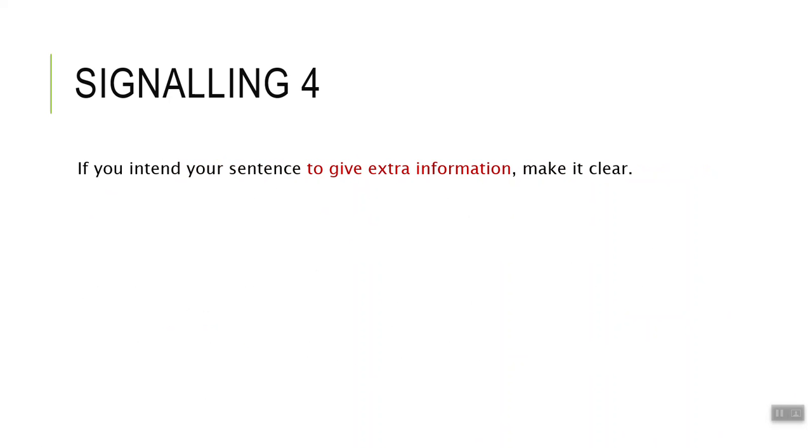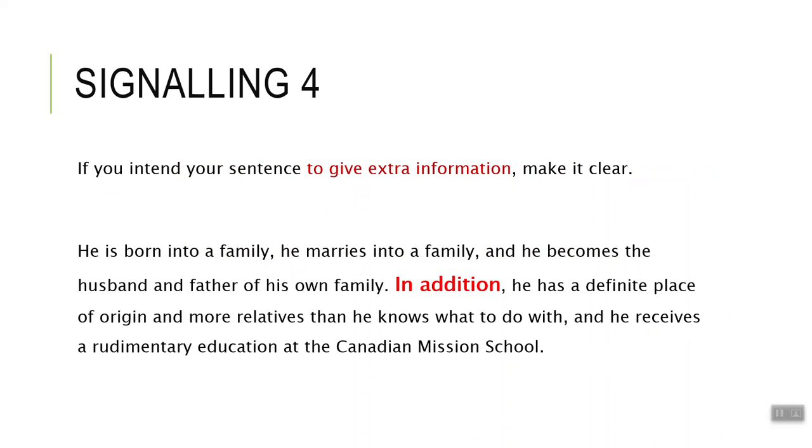If you want to give extra information, then give extra information by saying on top of this, additionally, in addition, in addition to. There are so many ways to connect your sentences in your paragraph.